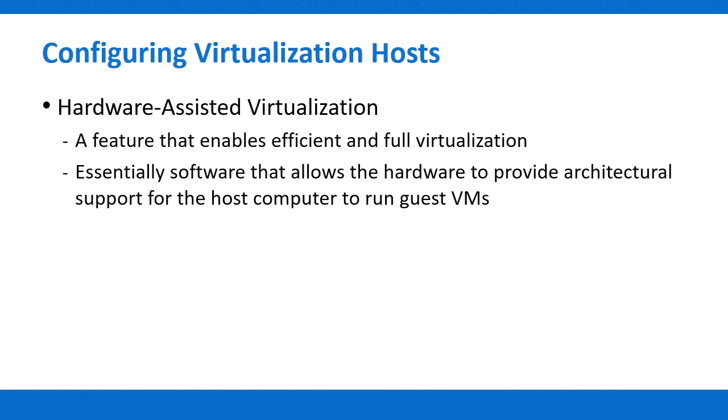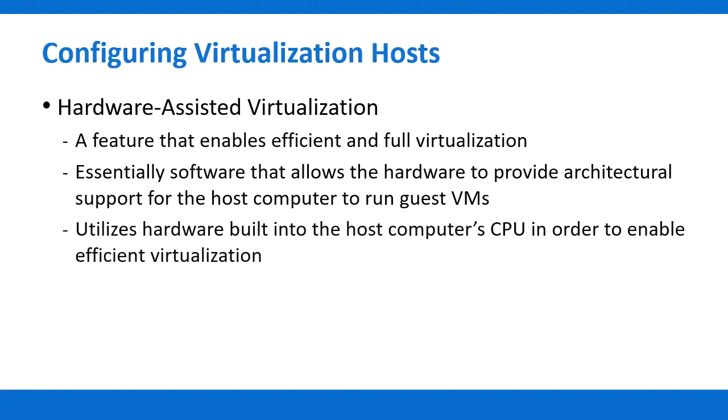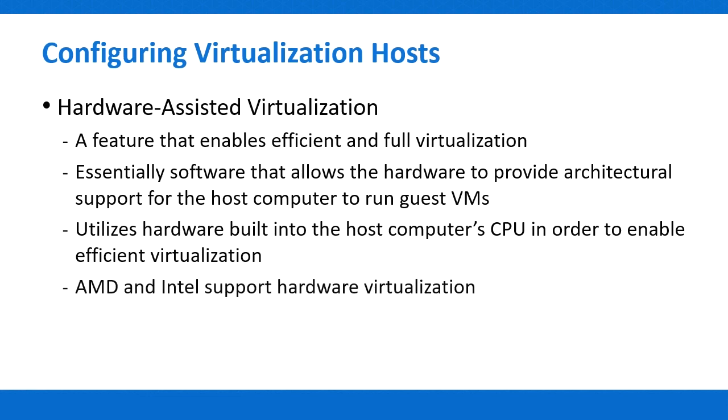And in a sense, it just makes virtualization more efficient by utilizing hardware capabilities that are built into the host computer's CPU. Both AMD and Intel are going to support hardware virtualization. And this is something that you need to look for, okay?